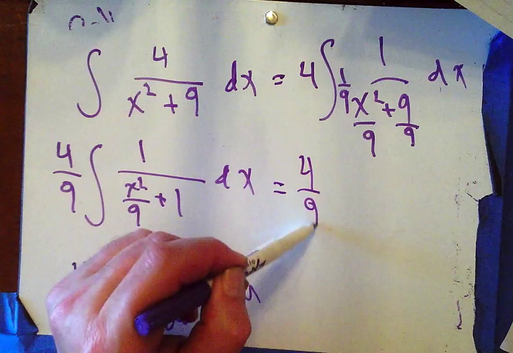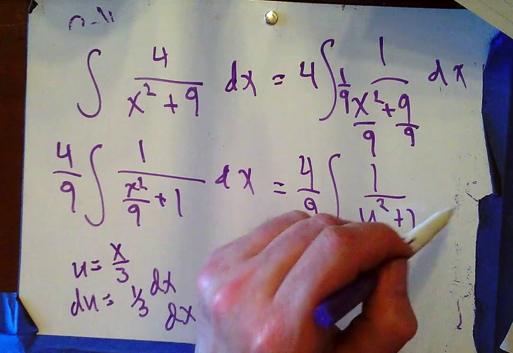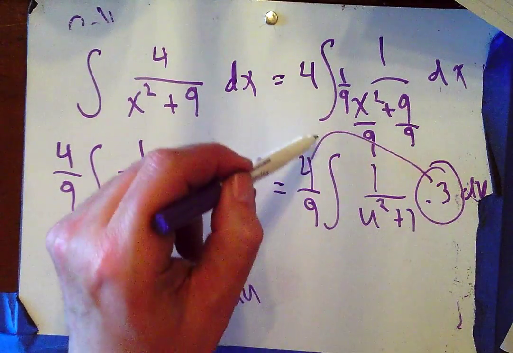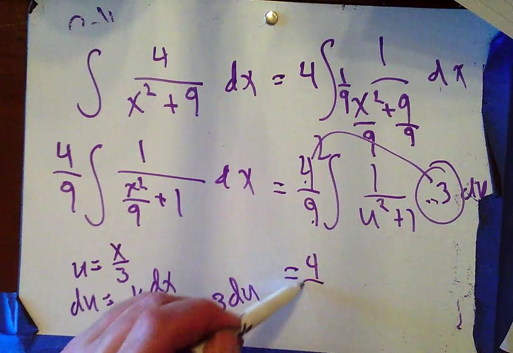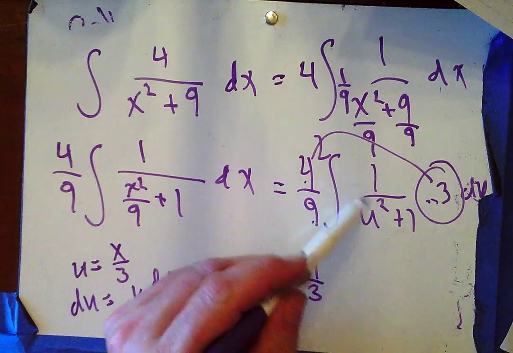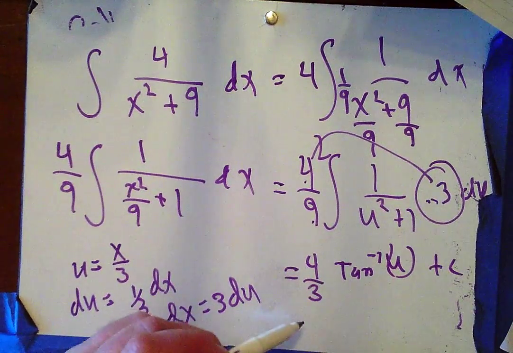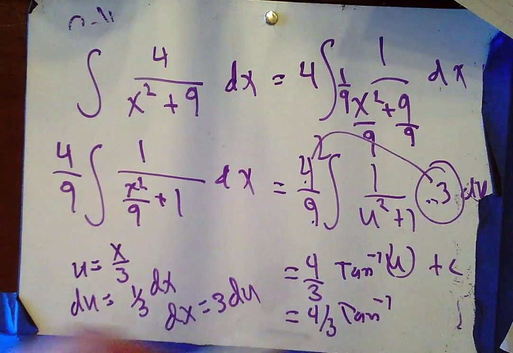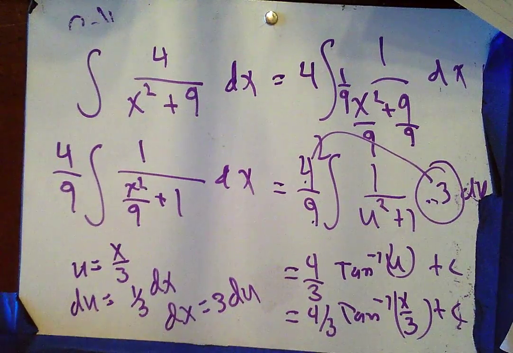So I'm going to have 4/9 integral 1 over u squared plus 1 3 du. Now, of course, I want to take that out, and then that 3 cancels with a 3 there, and I have 4/3 tangent inverse of u plus c, which is 4/3 tangent inverse of x over 3 plus c. No, really, I expect you to do this stuff.